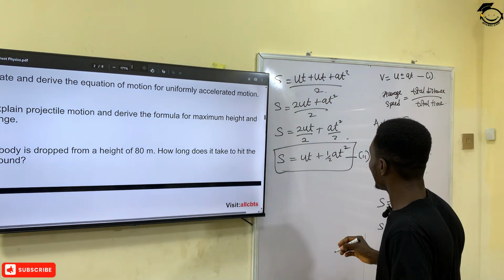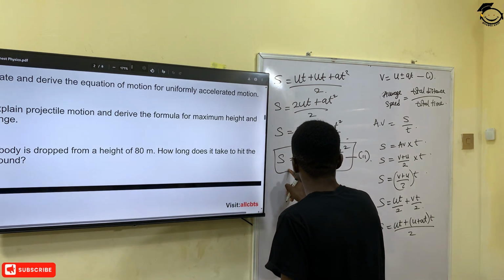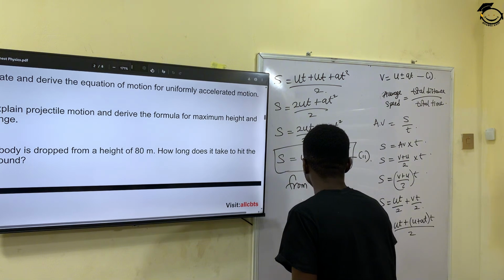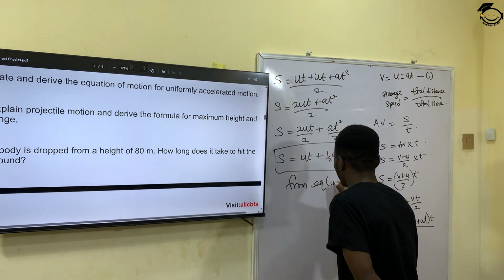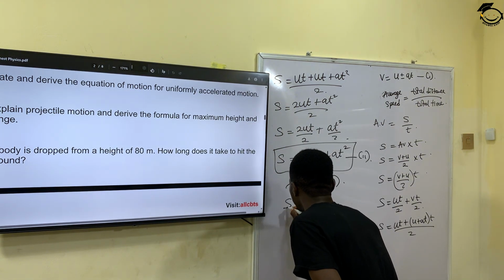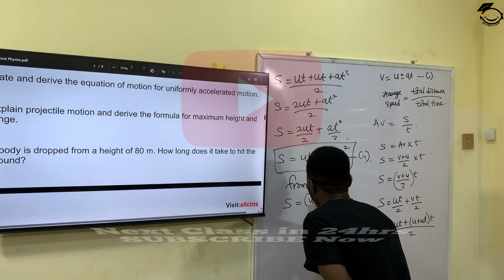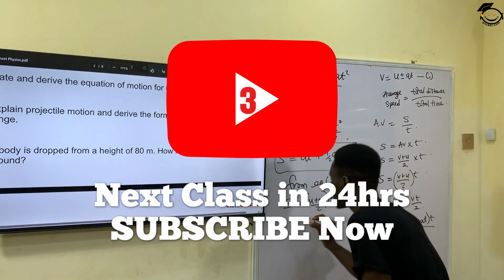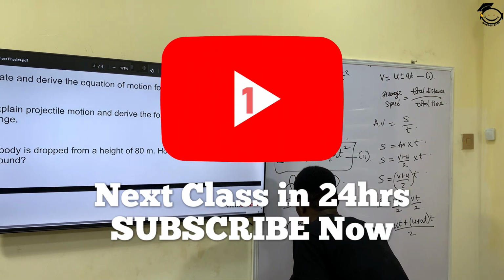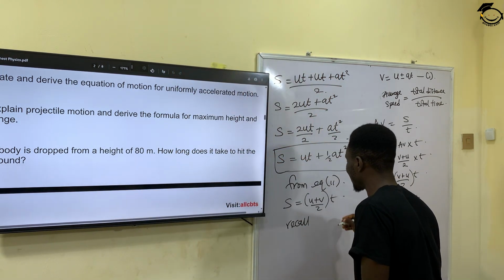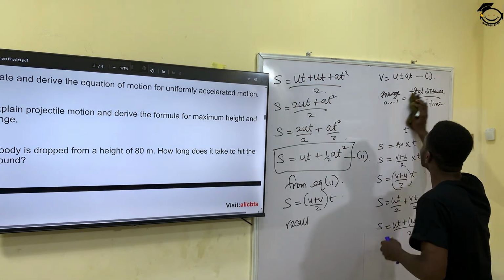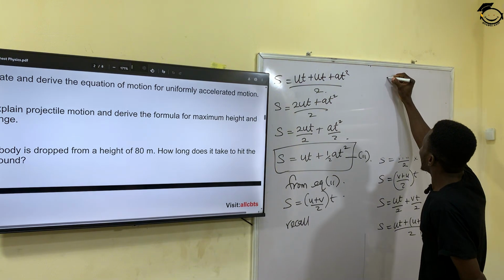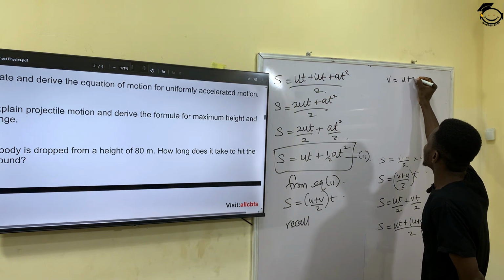So the third equation of motion. From equation 2, we said that my distance is equal to u plus v divided by 2 in bracket t. And we recall that we said earlier that v is equal to u plus at.